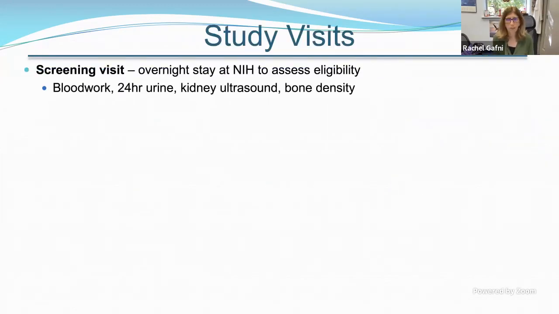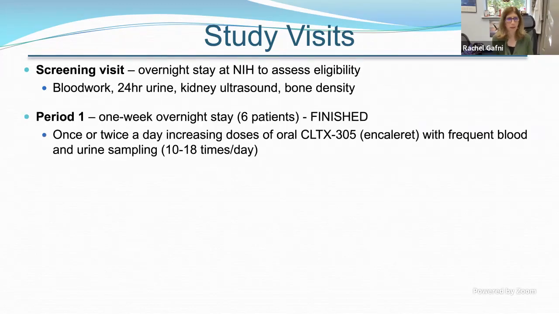So for these visits, they came for a screening visit to assess their eligibility and had blood work, urine, kidney ultrasound, and a bone density study. Then period 1 I described was this 5-day overnight stay where they got once or twice a day increasing doses of Encalaret, and they had very frequent blood and urine sampling. Sometimes 18 times a day we were checking blood samples.